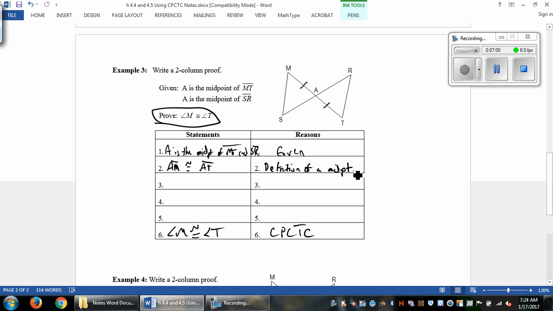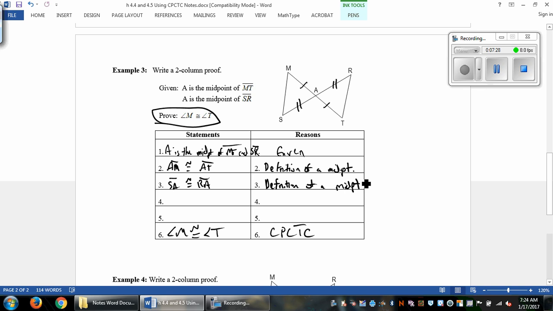And then same thing for SR, but we're going to use two tick marks here, because we don't know if SA is congruent to MA or not, but we do know it's going to be congruent to RA. So SA congruent to RA for the same reason, definition of a midpoint.